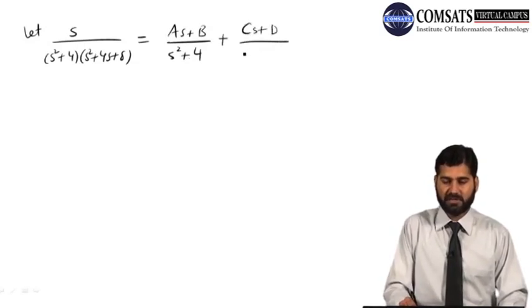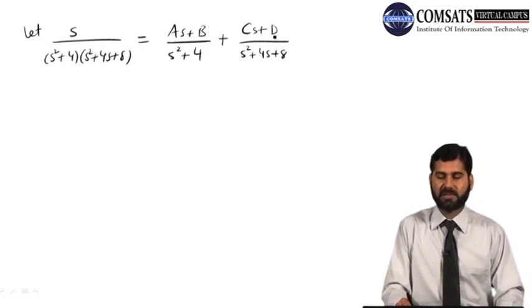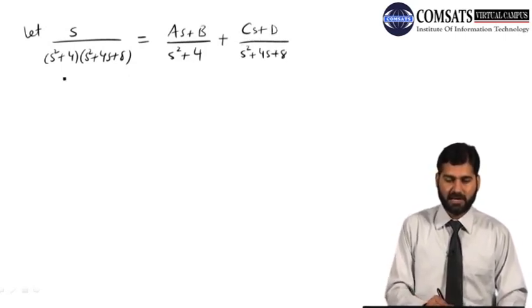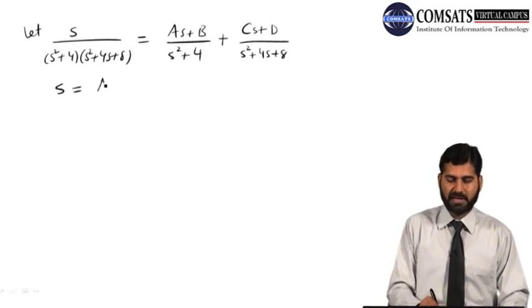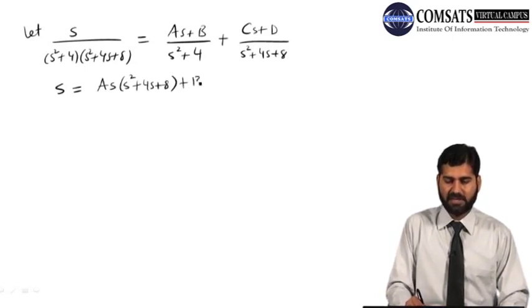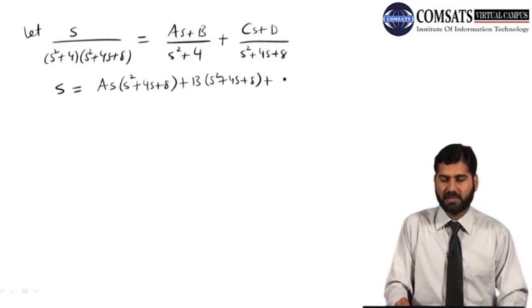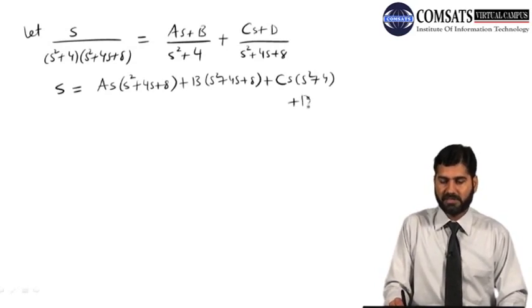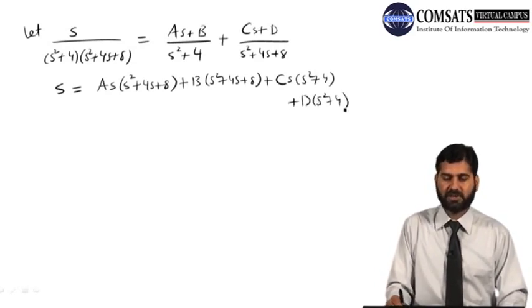The other one is also quadratic, so you need to introduce cs plus d at the top. Now multiply by the denominator, and you will get as times (s square plus 4s plus 8) plus b times (s square plus 4s plus 8) plus cs times (s square plus 4) plus d times (s square plus 4). This is what you got.